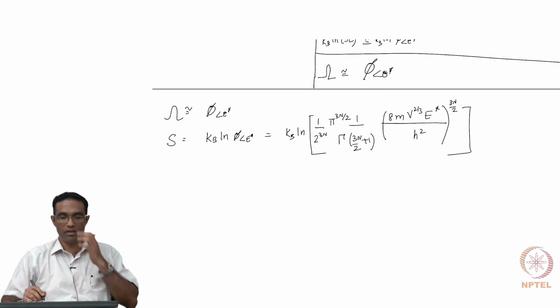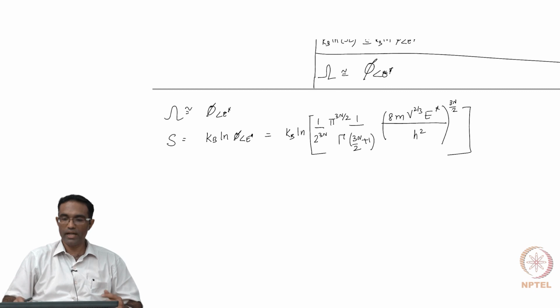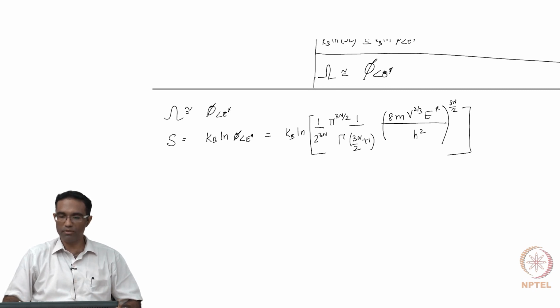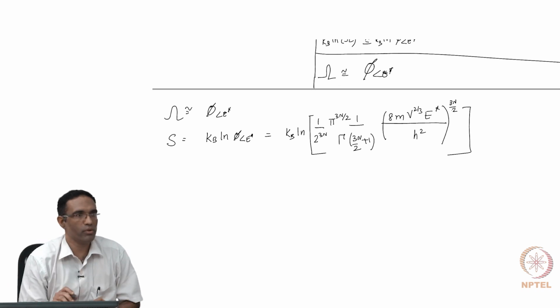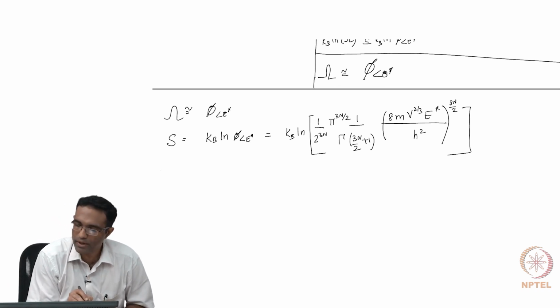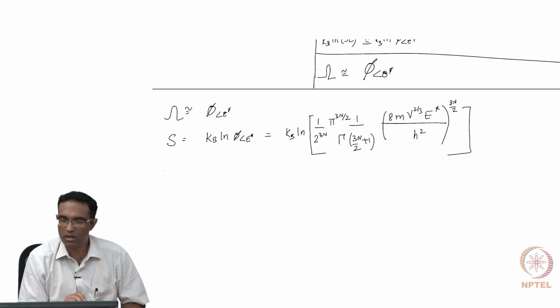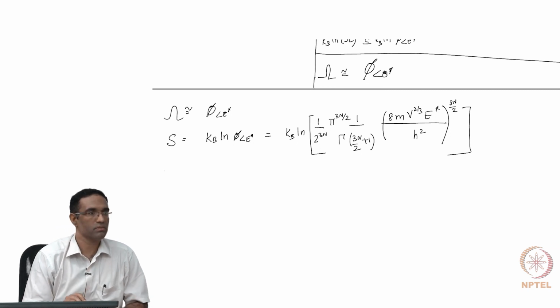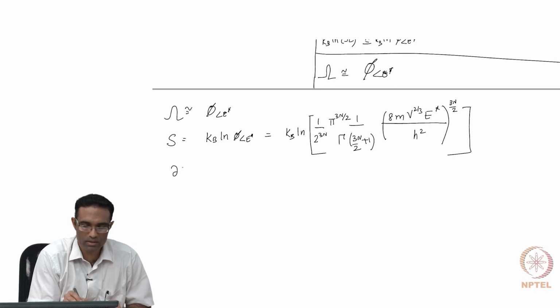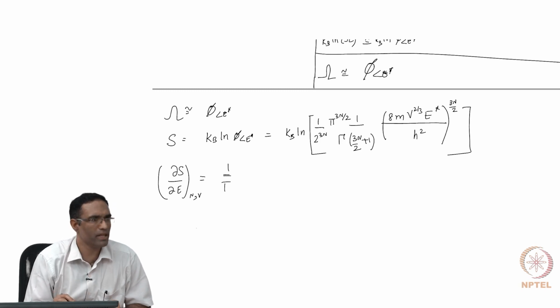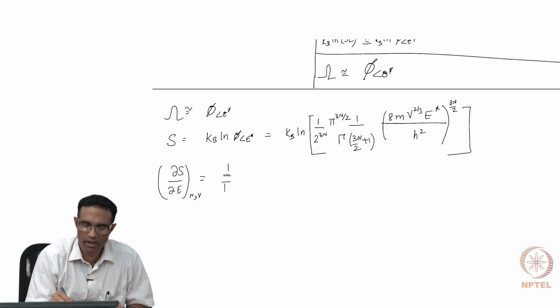This is our expression for entropy for an ideal gas in terms of N, V and E. Now I am going to give you an exercise. Can you find out what the pressure and the temperature are? So you know that dou S by dou E, when you keep N and V constant, is supposed to be 1 by T according to thermodynamics. Can you tell me what that is?